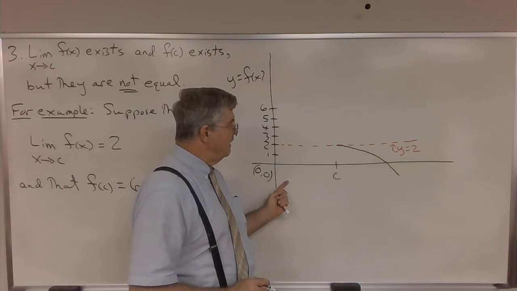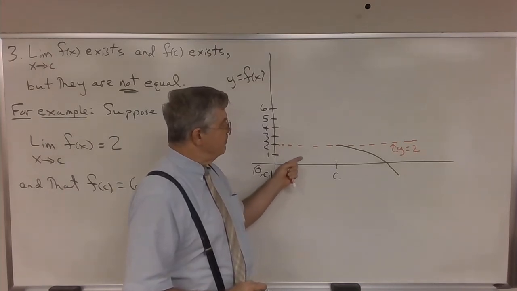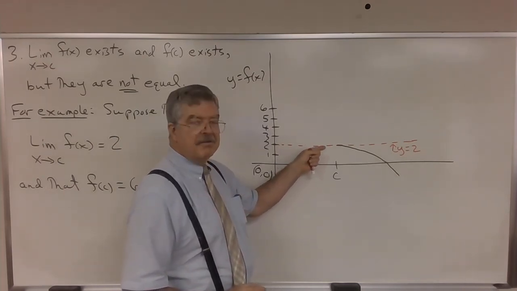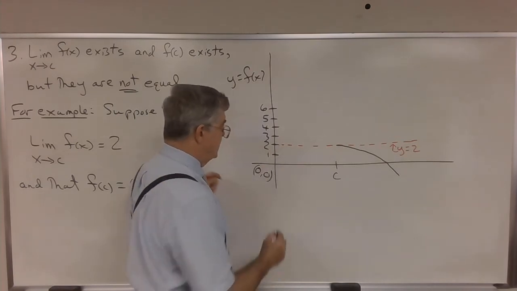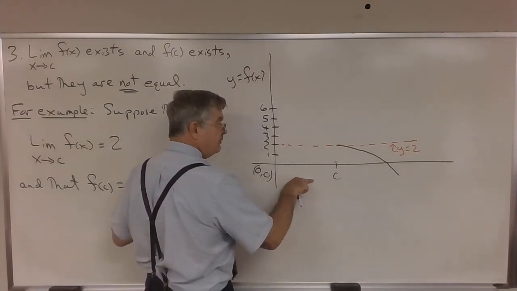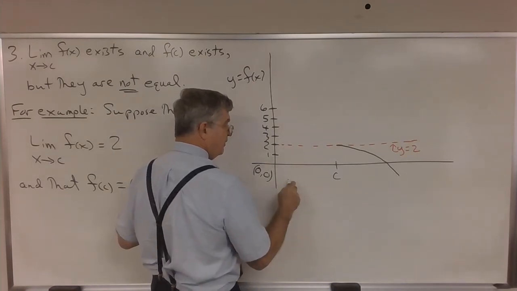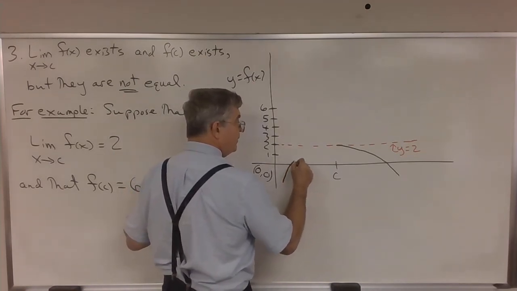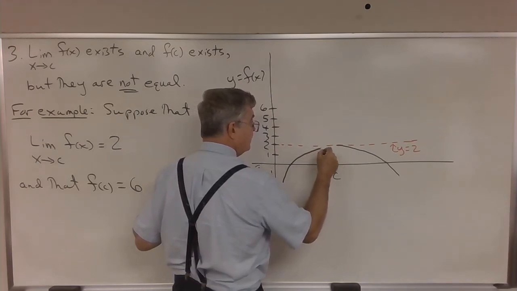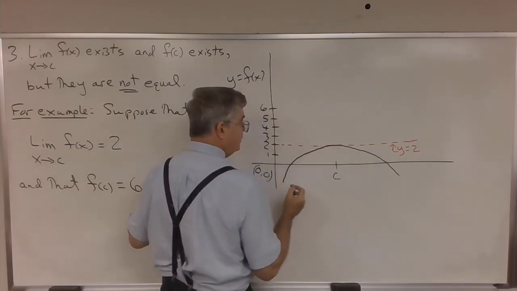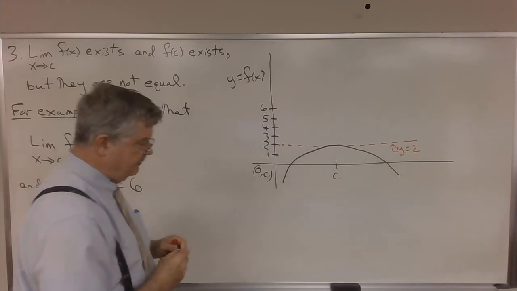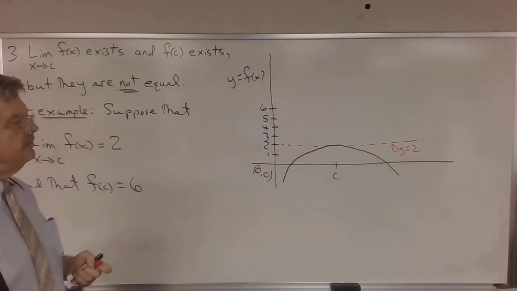So the y value, f of x, approaches 2 through values that are less than 2. So here's x approaching c from the left, and here's f of x approaching 2. The graph will go from left to right and up toward 2 like this. Okay, that looks easy enough.